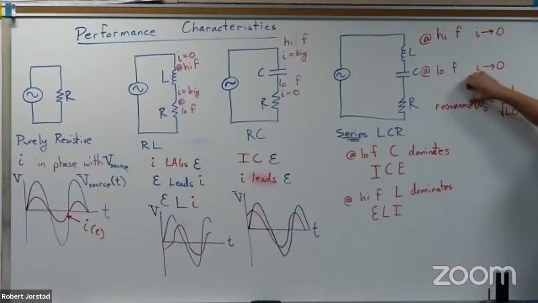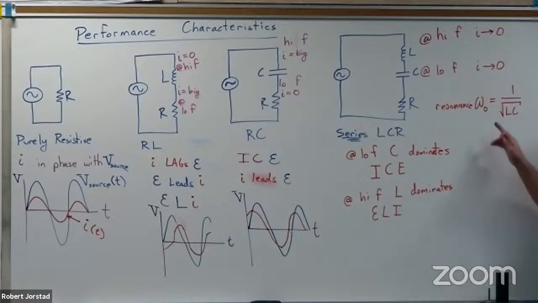To be clear, this is not omega. Omega is the frequency of the function generator. Omega naught is the special frequency where the capacitance and the inductance have equal merit in the circuit, or something like that. Sorry, I'm misspeaking. Now, maybe we should actually take a look at what this looks like.